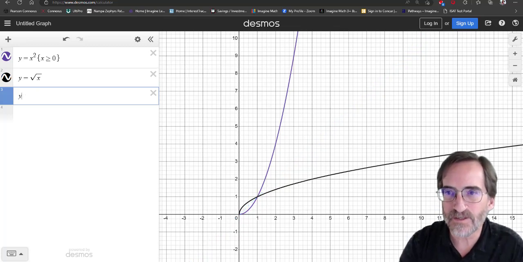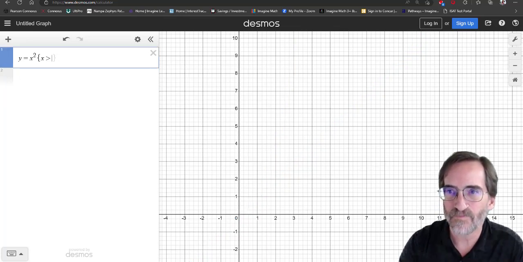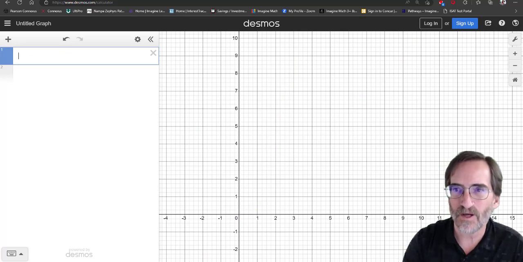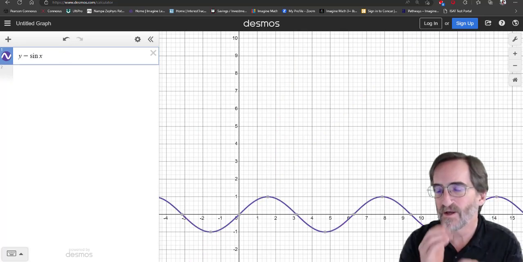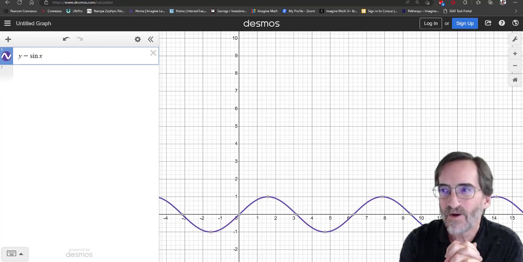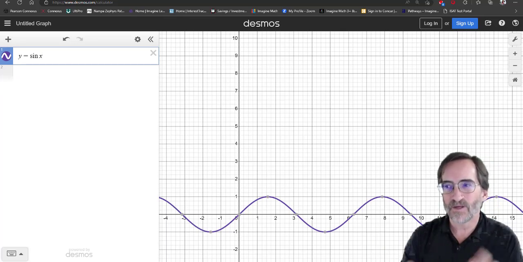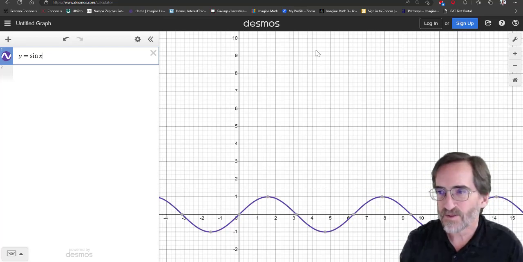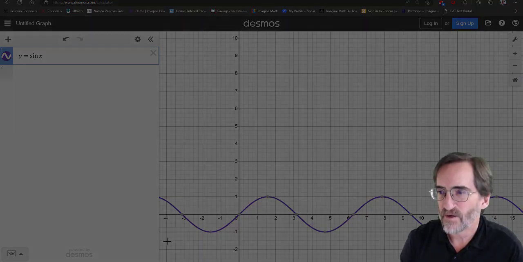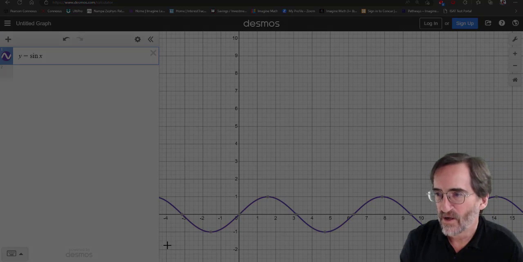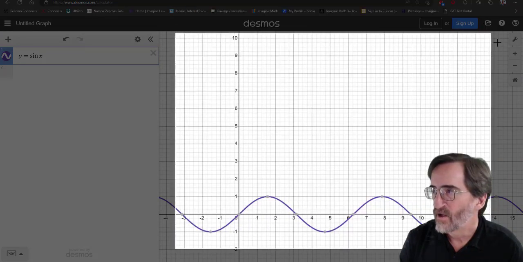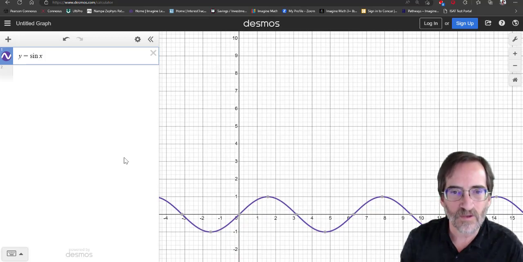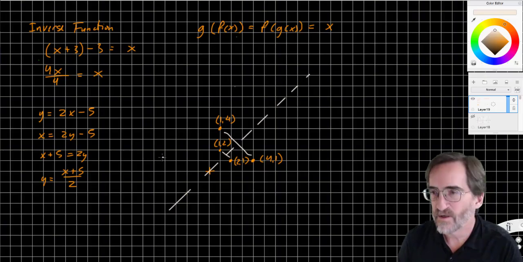Now let's look at a sinusoidal function here and consider what the inverse must look like. Y equals sine x. If I were to invert this, the result would look something like this.